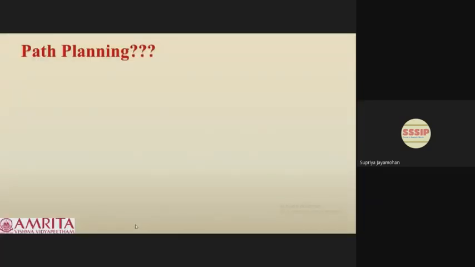So what exactly is path planning? How are we going to deal with this in our discussions? Are we going to discuss it in terms of fields, which is a normal method used in robotics, or are we going to use grids, which is another method?